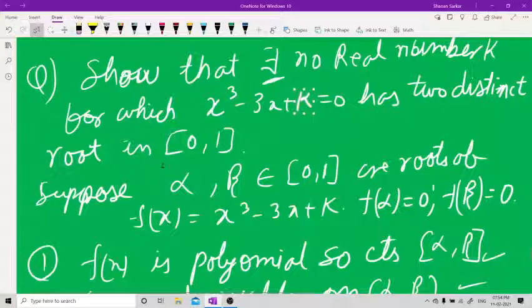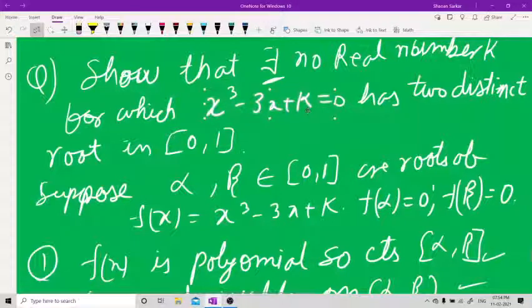देखो, कहने का मतलब ये है, मुझे ऐसा कोई k नहीं मिलेगा जिसके कारण मुझे इस इक्वेशन का दो रियल रूट मिले, डिस्टिंक्ट रियल रूट. रियल रूट नहीं, डिस्टिंक्ट. तो मैंने क्या माना?